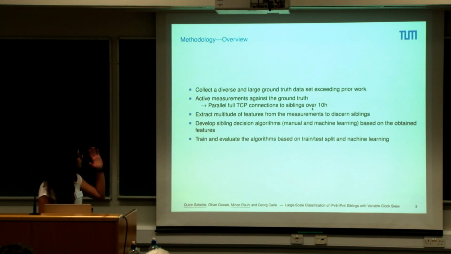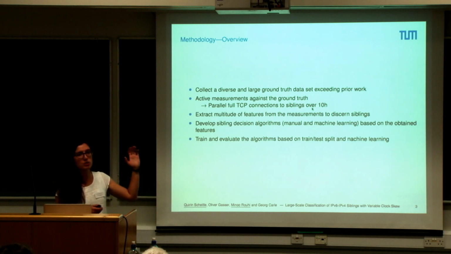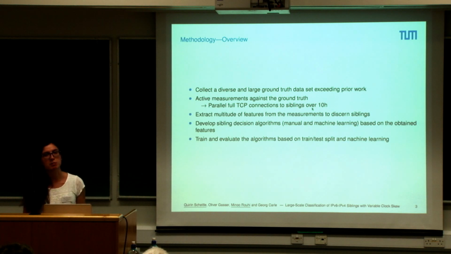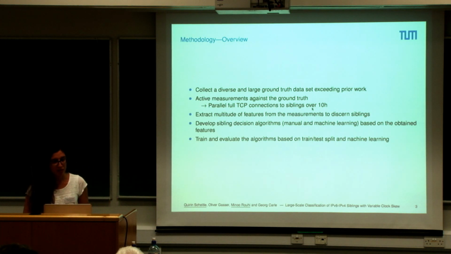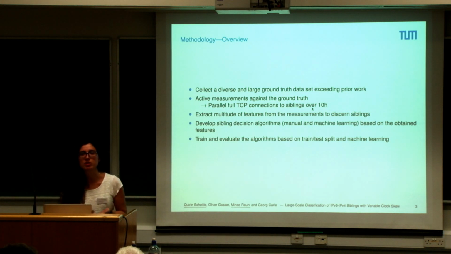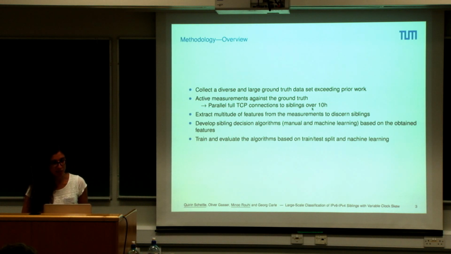Then in the next step, we run a set of active measurements against this ground truth data set by making parallel full TCP connections to both IP protocols to every single host within this sibling dataset over a 10-hour period. So after the end of the measurements, we have one trace for IPv4 and one trace for IPv6 for each sibling in the sibling dataset.